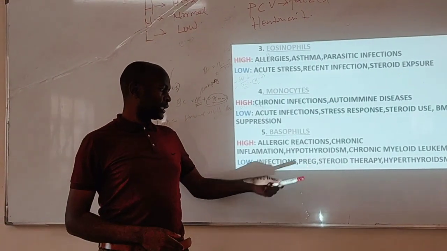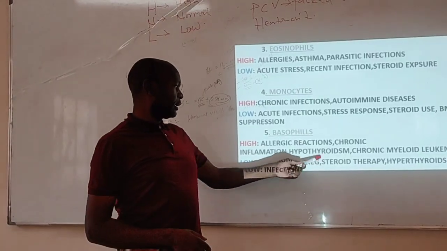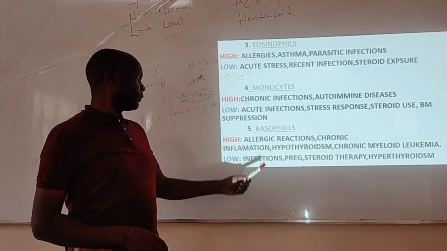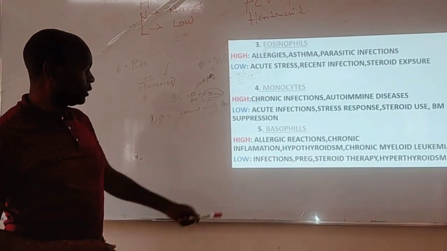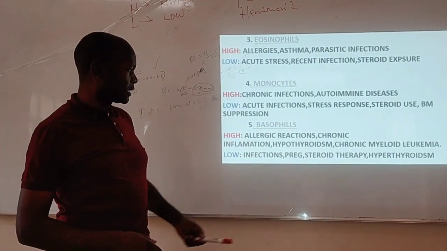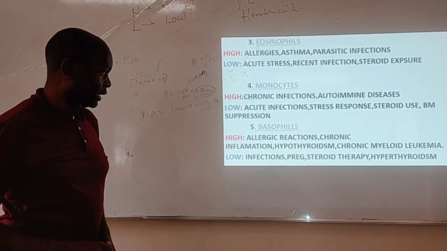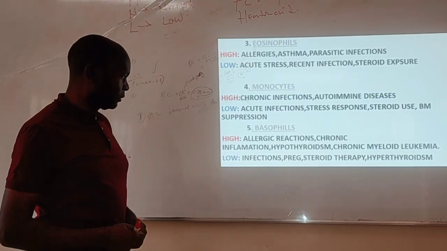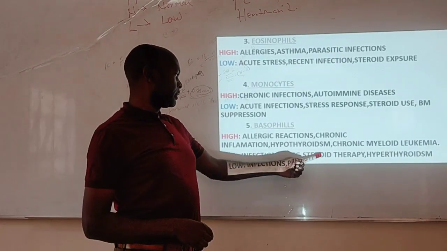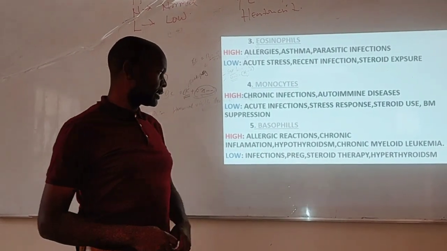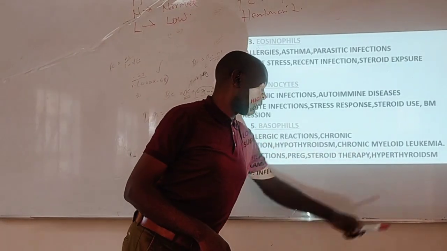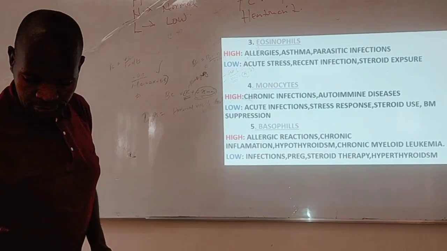It can also be an indicator in pregnancy, which means when female patients are expectant, the basophils may be low, because of a number of immune processes going on in the body. So sometimes low basophils also indicate steroid therapy, together with hyperthyroidism, among other conditions.